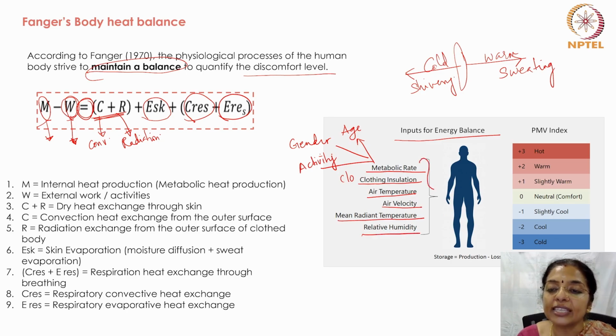All of these put together will determine the energy balance about how you feel, whether you feel hot, warm, slightly warm, neutral, which is comfortable, slightly cool, cool or cold.